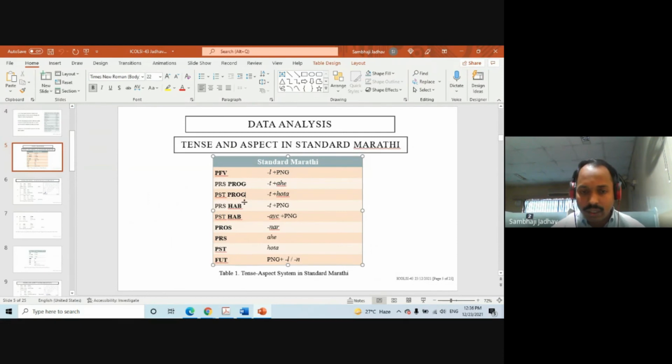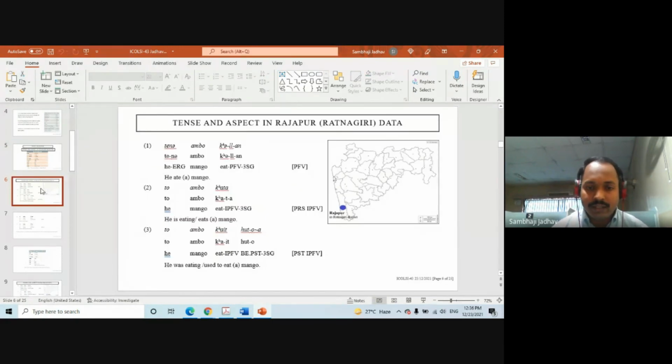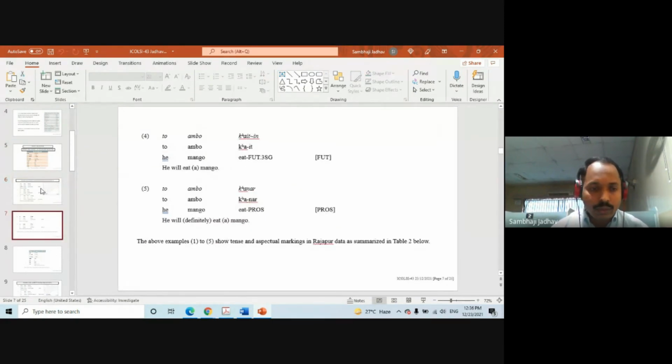If the subject has overt case marking, then agreement will shift to the object. If the object also has an overt case marker, then agreement will shift to neuter. And the varieties also show different patterns.